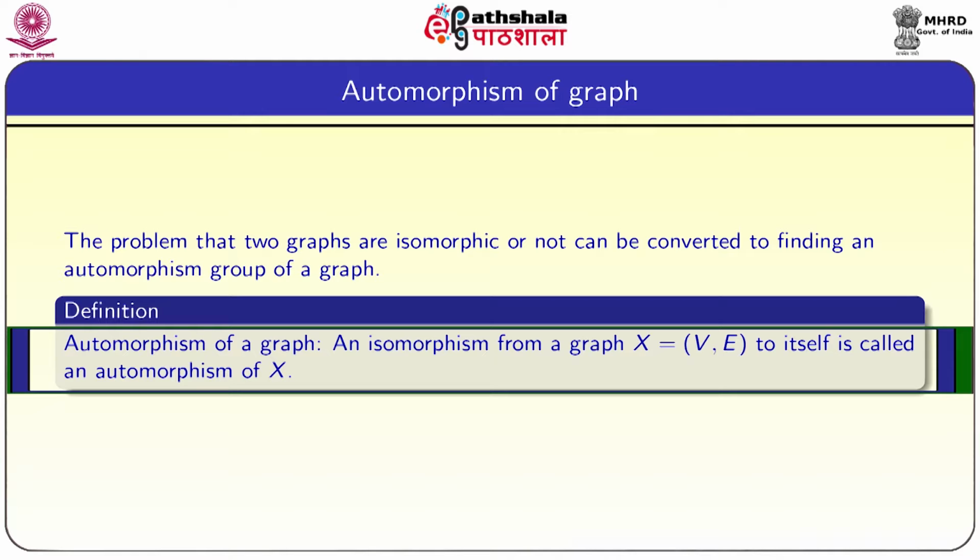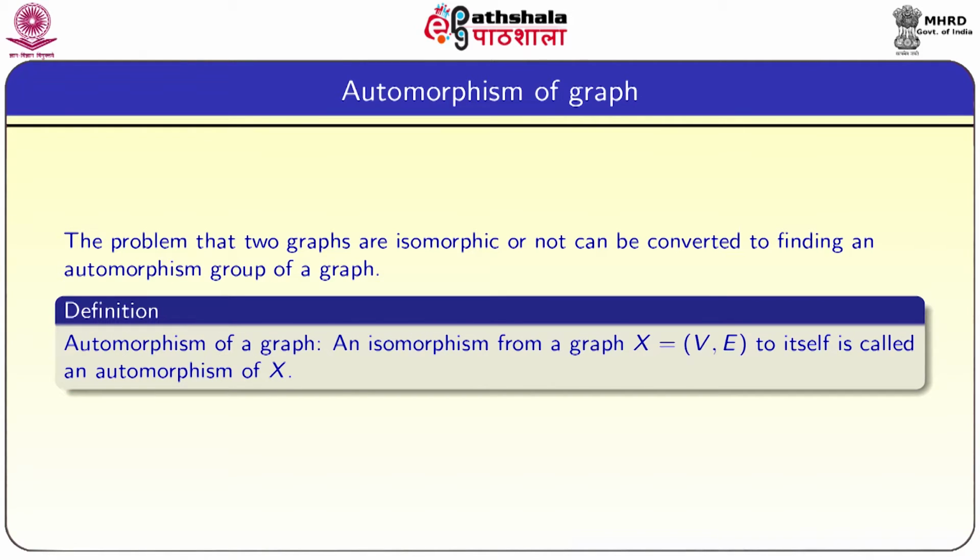That means we need to find a mapping from vertex set of x to vertex set of x such that it is 1 1 on 2 and also it preserves the adjacency. So, automorphism is simply a mapping first, and it is from vertex set to vertex set. So, it is a permutation actually. So, it is a 1 1 on 2 mapping on the same set, that is V of x.